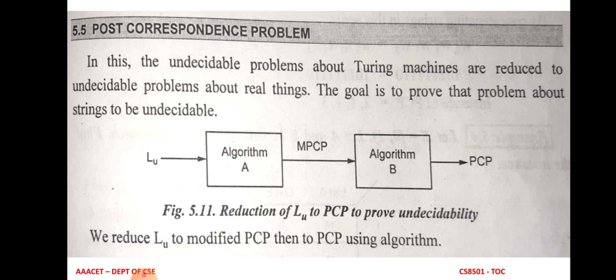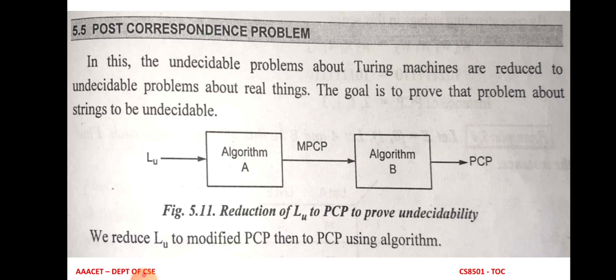LU is the universal language. The universal language can be converted or reduced into another problem using some algorithm A, that is MPCP. Again we use another algorithm B to convert the reduced problem into another reduced problem, that is MPCP into PCP. So the initial LU is considered as PCP.